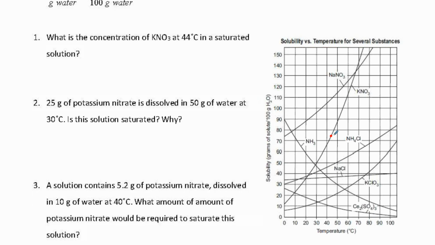On this graph it looks to be, and again there's a little bit of leeway here because you can't see every line on this graph, you're kind of eyeballing it, approximately 75 grams of potassium nitrate per, and it's always on this graph, 100 grams of water. Just erase that a little bit there.